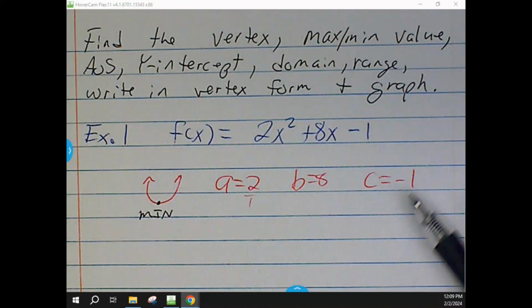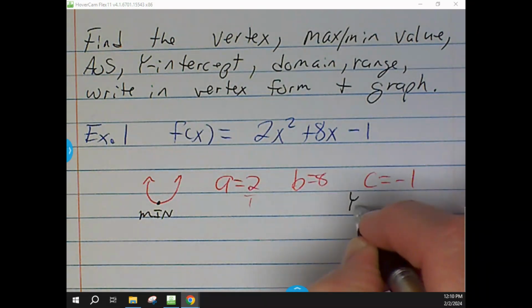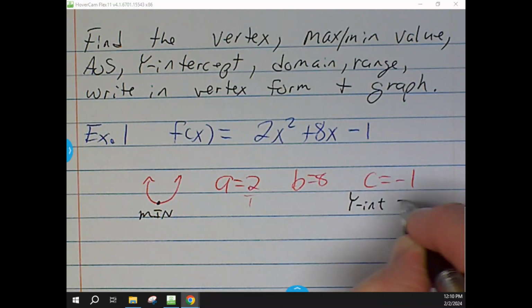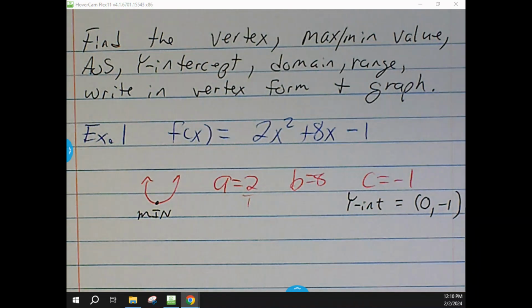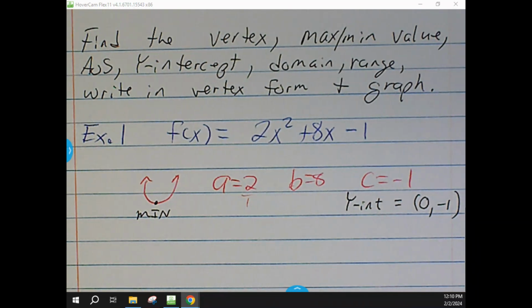And then the other thing we can get off this one is the C value is negative 1. That is the y-intercept. And again, they'll probably make you write that as an ordered pair. So it'll be 0, negative 1.